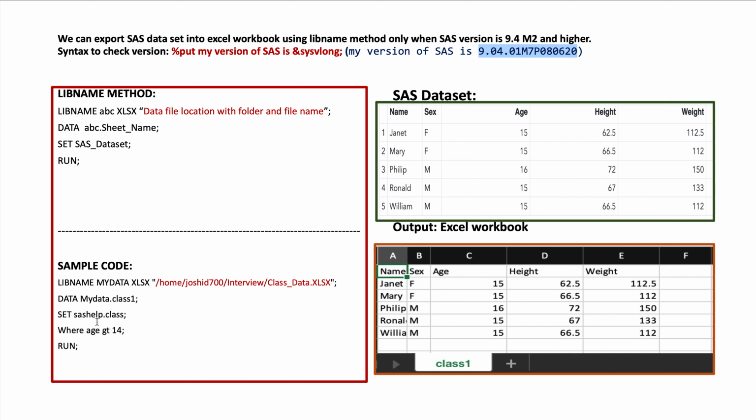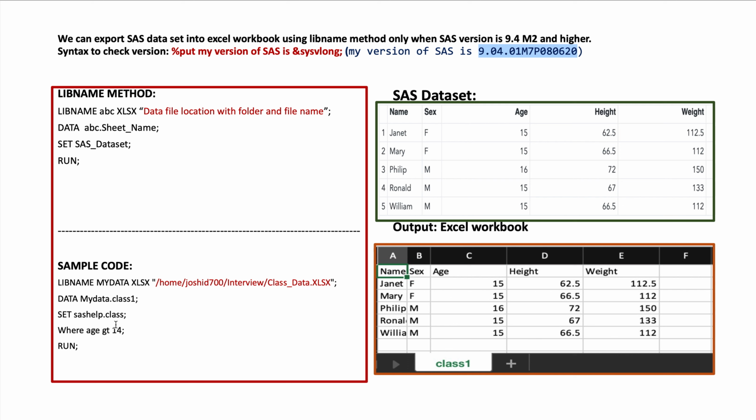Set sashelp.class. That means this is the source data. That means the class dataset is going to be exported into the class1 worksheet, and the format is Excel format. Where age is greater than 14, the filter condition is applied here, and run.